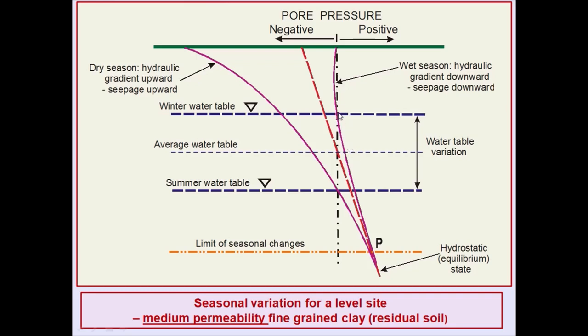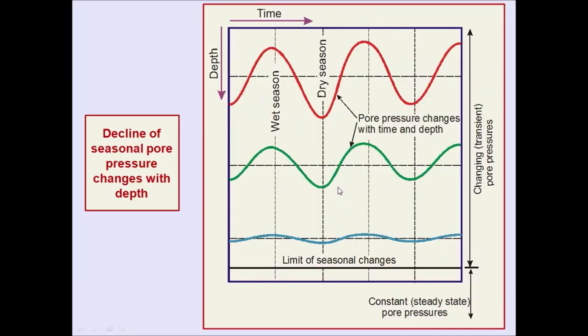So your water table may rise to here during wet weather and fall down to here during summer weather. That's just emphasizing the point just made, that the depth of seasonal influence has got a limit to it, wherever your water table is. The deeper you go, the less is the effect of seasonal changes, and eventually they run out at a limiting depth down there.